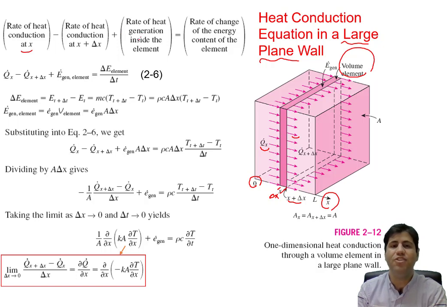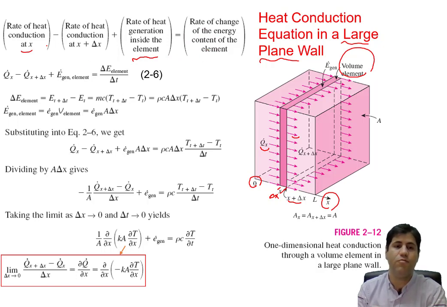Plus the rate of heat generation inside the element. We assume that we have heat generation inside the volume element. This is a special case where we also assume heat generation inside our element. All of this will be equal to the rate of change of the energy content of the element.